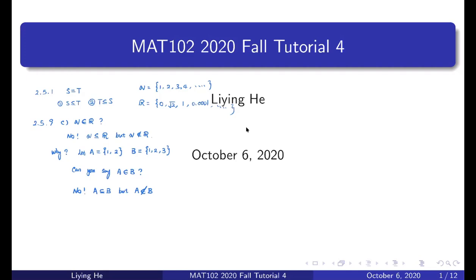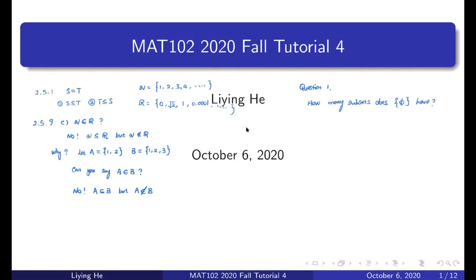A third common mistake comes from, what's the third one? Oh, question 1. They ask you how many subsets does the set of empty set have?